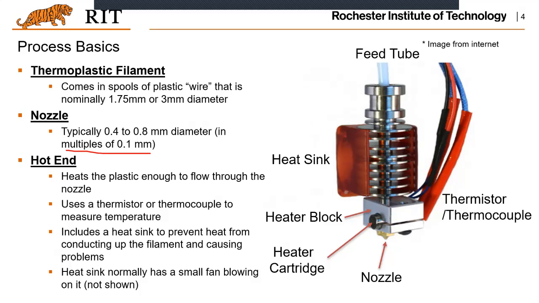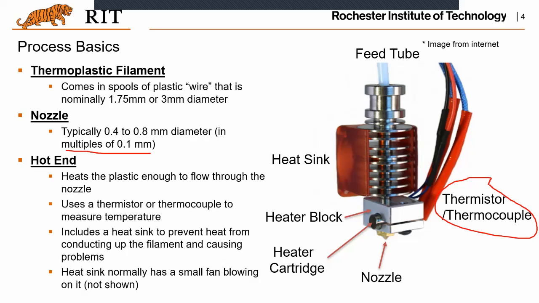If you look at this figure, here is where the thermistor or thermocouple is located. It will monitor the temperature, and that will be the one you play with. In the software, there are options to choose different temperatures, and with different temperature settings, different materials could be used in this process.